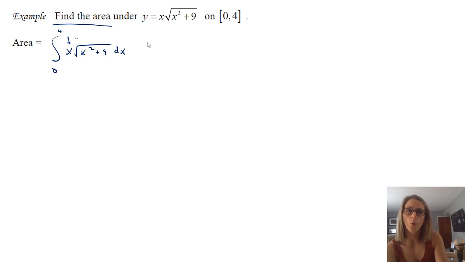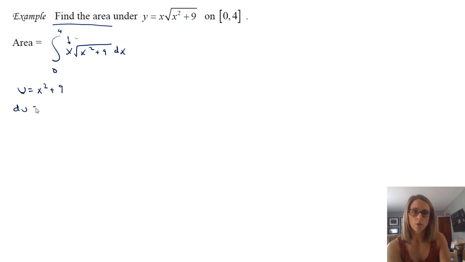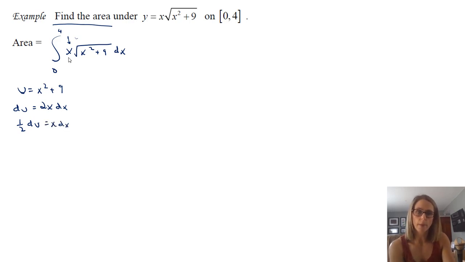Now, not surprisingly, u will be the inside of that root, because when we find du, that's going to be 2x dx. And by dividing by 2, I get 1/2 du equals x dx. So I'm going to be able to replace my x and my dx.